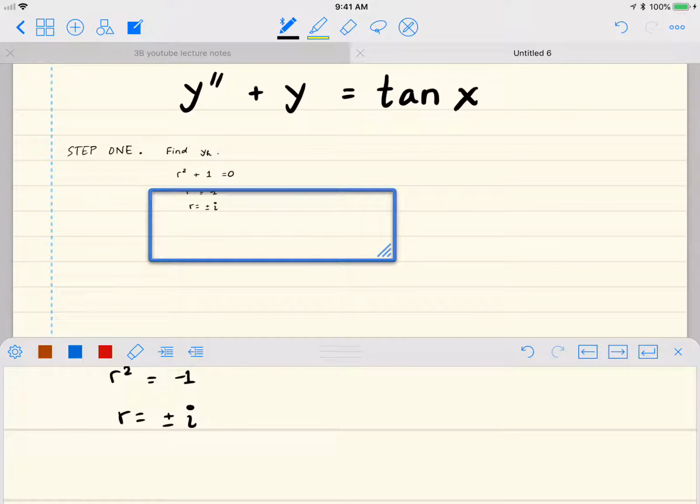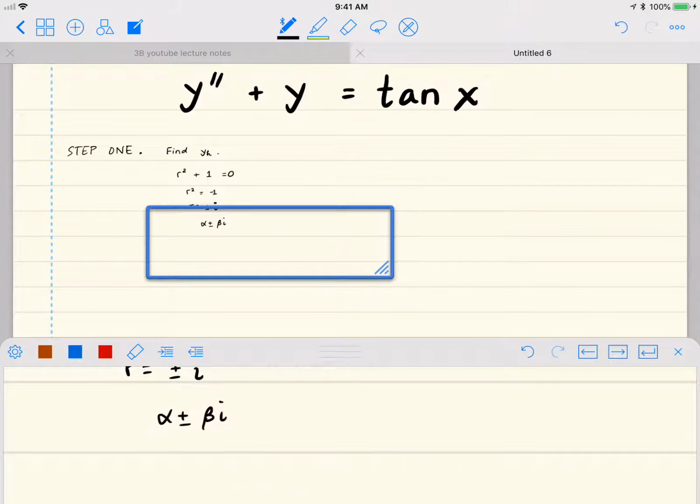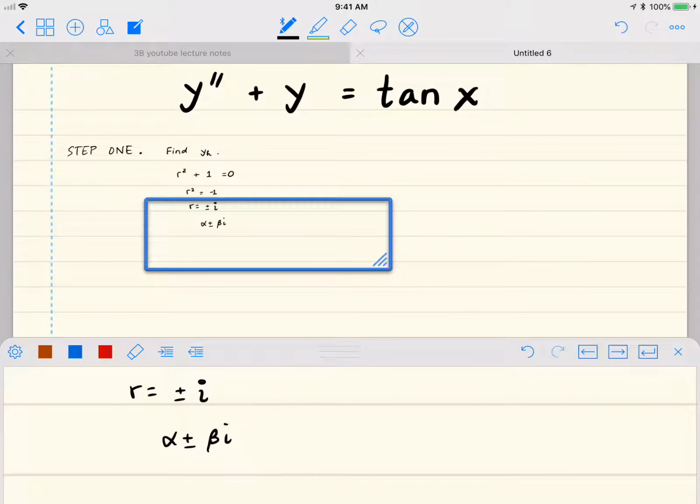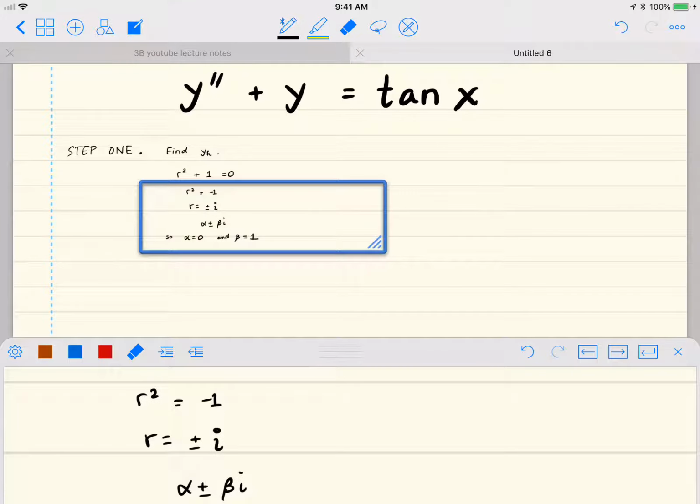So r equals plus and minus i. Now, we're supposed to take r and write it as alpha plus or minus beta i. So in this case, alpha is equal to 0 and beta is equal to 1. Because we can write this plus or minus i as 0 plus or minus 1 times i.